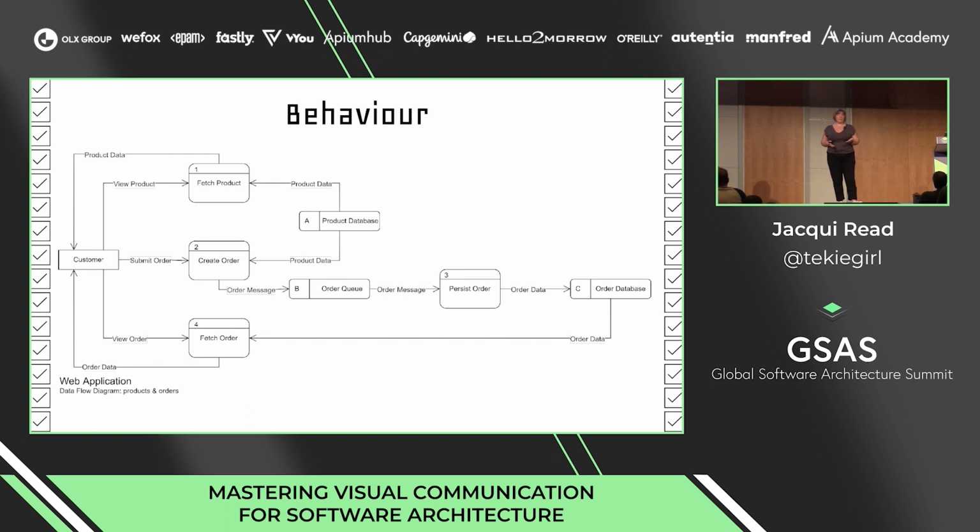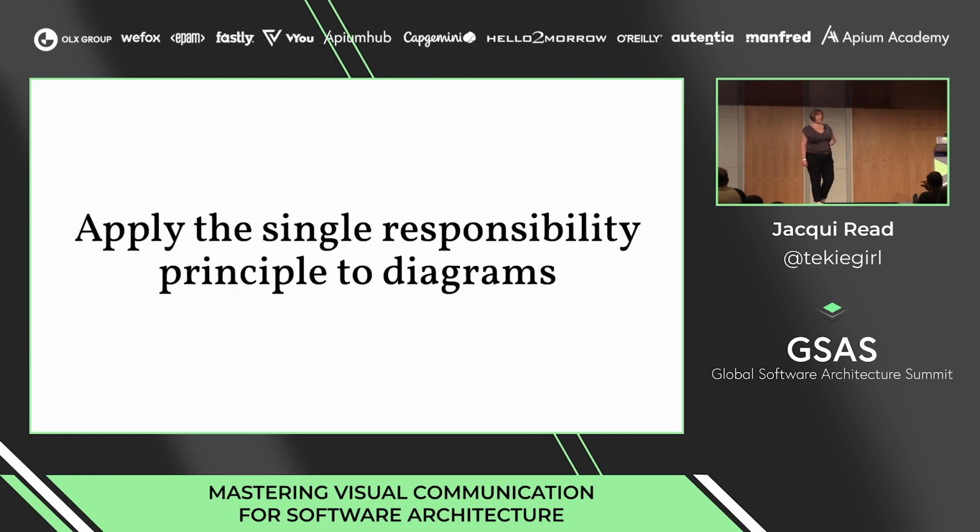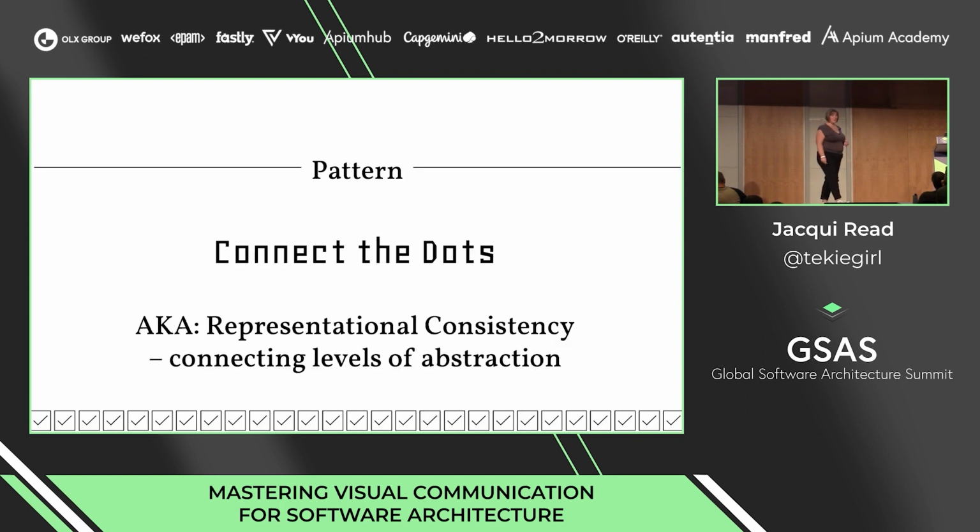In this case, it was data, so I've put it into a data flow diagram. And this one, again, one reason for existence. It's showing us the data flow and the behavior. So we can apply the single responsibility principle to our diagrams as well as our code. Although we did get that 2 for 1 before. It's not always cut and dried, is it?